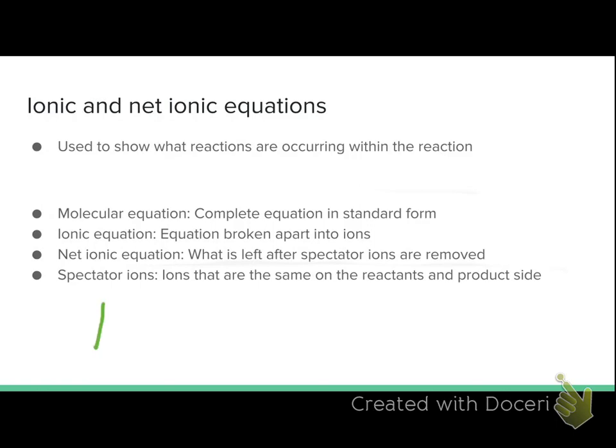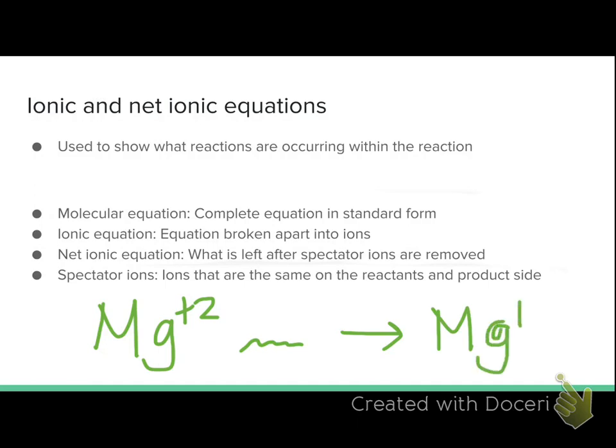So let's say I had an Mg2+ on my reactant side, I have some other reactants, and then on my products, I also have an Mg2+, and then I have other products. Then this magnesium is a spectator. It is on both the reactants and the products. So we're going to remove that from our overall equation, and we'll be left with the net ionic equation.